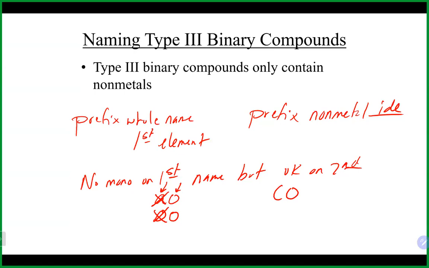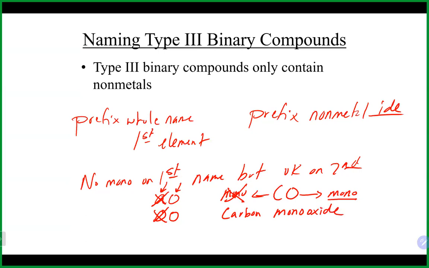We have one carbon, which means the prefix would be mono. We also have one oxygen, which means the prefix would be mono. Here we will not use mono on the first name, so we'll use the whole name of carbon. We can use mono on the second name, and then the second one gets the -ide treatment.